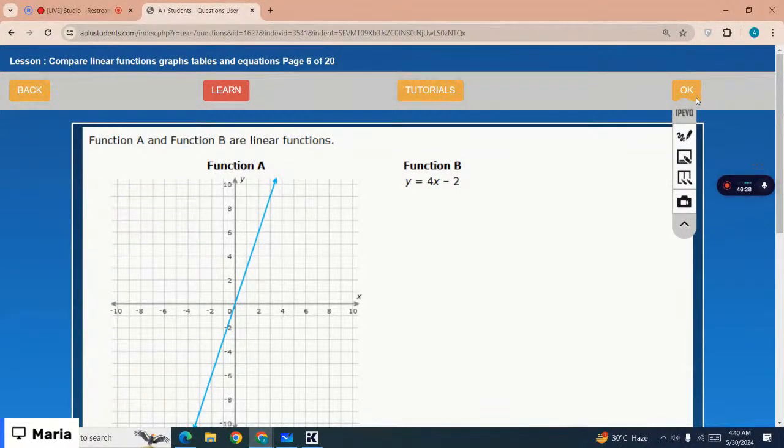Function A and function B are linear functions. So which is the correct option?